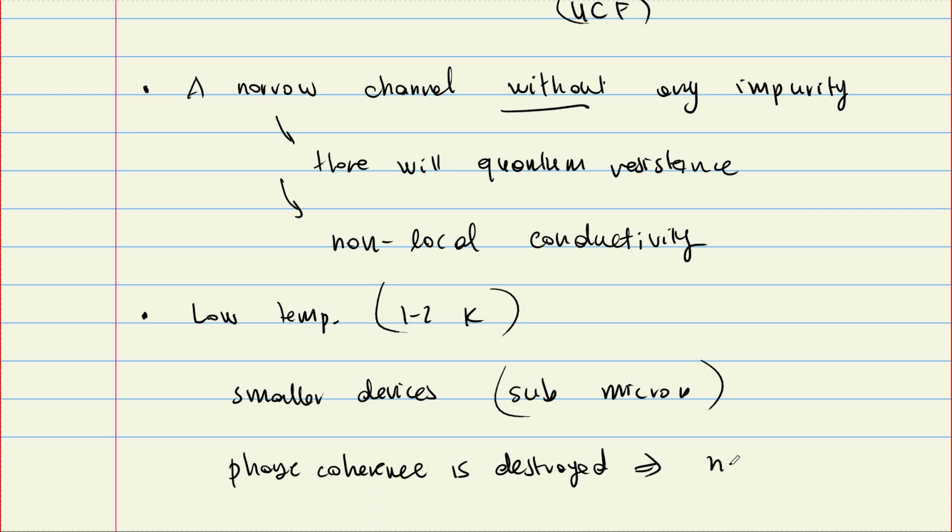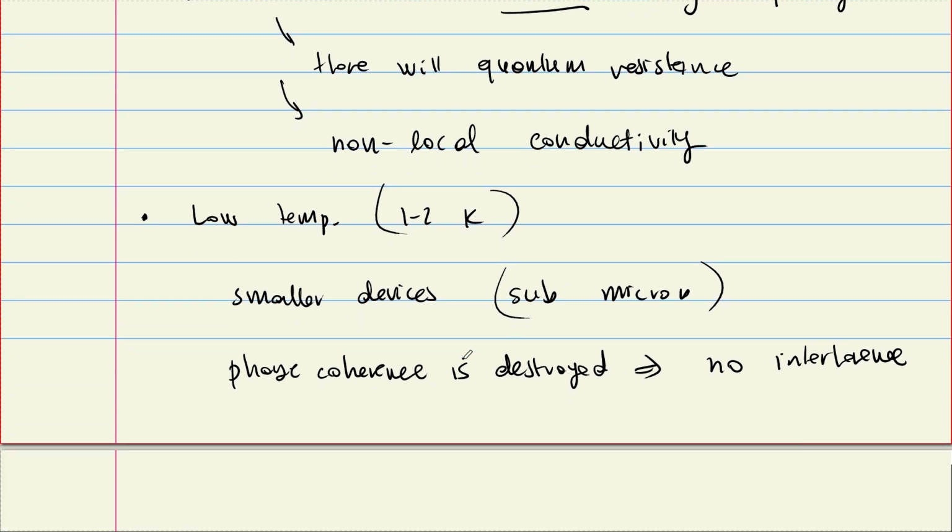That means no interference, and that means you cannot see any of these effects. So for this to happen, you need to have, one way or another, some kind of inelastic scattering. And if you can prevent that, you are going to observe this. Okay, maybe I can stop here and continue next time.